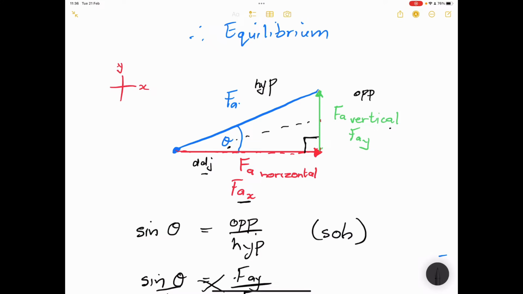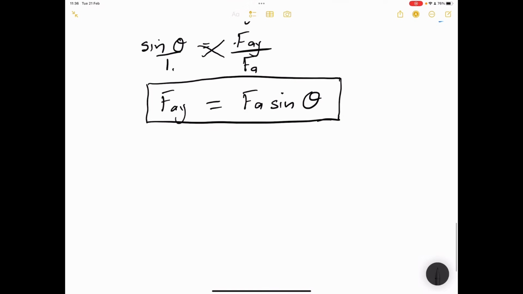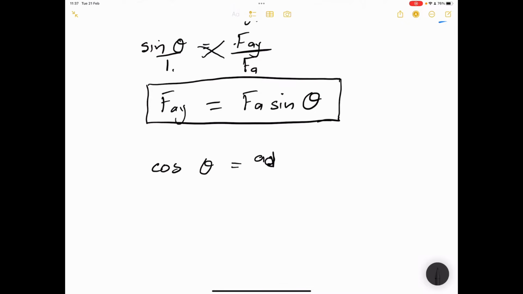Similarly, if I wanted to find the horizontal component, I am going to say, well, the cos of angle theta. Please remember, what is cos? That's adjacent over hypotenuse. I use the mnemonic, or an easy way to remember that.